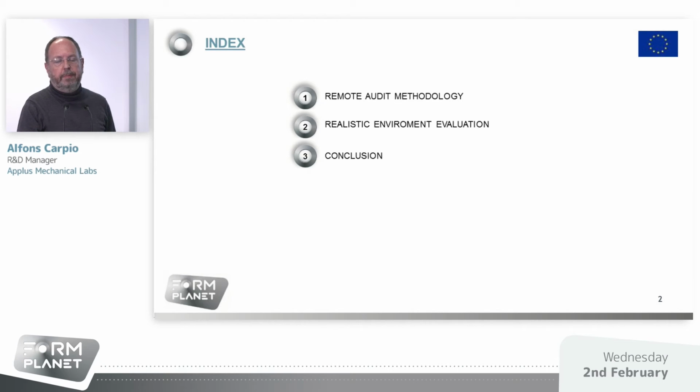The same happens with the FormPlanet network, which is not in one specific location. So this kind of remote audit can allow better follow-up of the quality of the laboratories and detect some elements that should be improved.